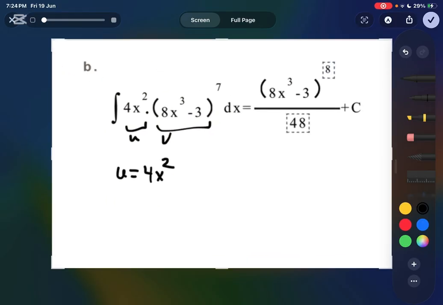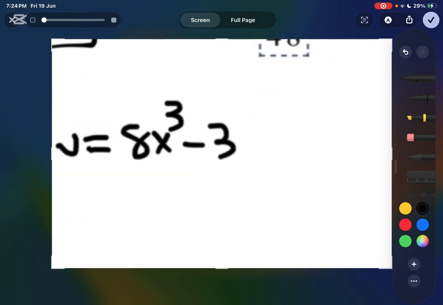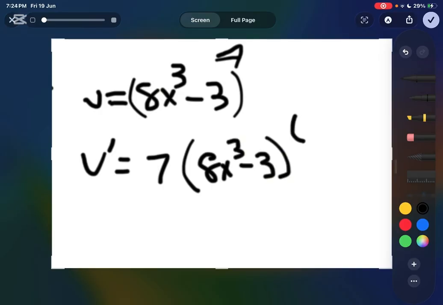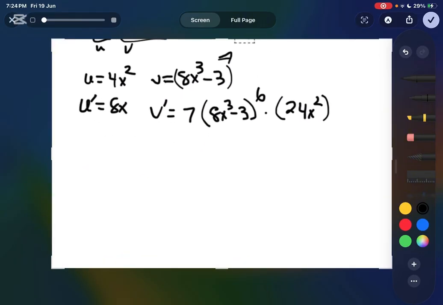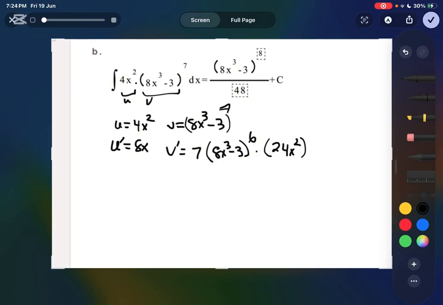U prime is 8x. V is equal to (8x cubed minus 3) all to the power of 7, and then the derivative of that is 7 times (8x cubed minus 3) to the power of 6 times the derivative, which is 24x squared. Now you do u prime v plus v prime u.